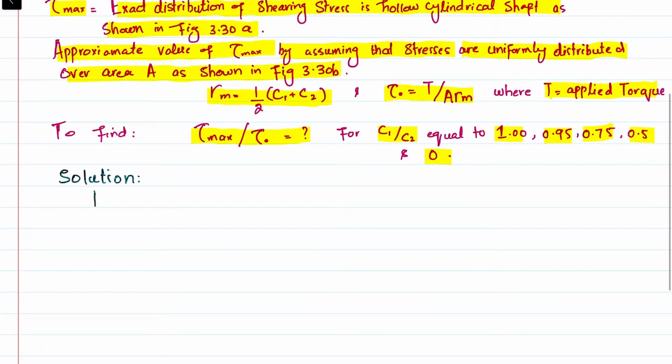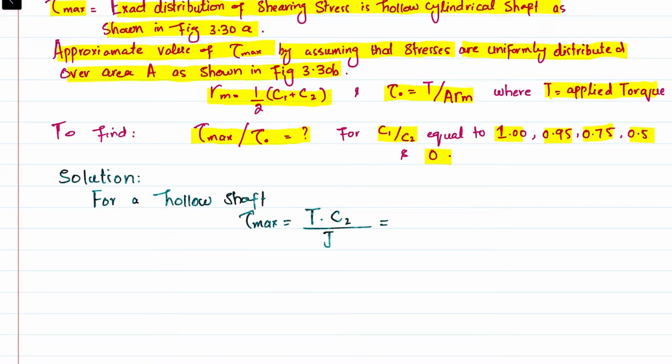First, the shaft shown above is a hollow shaft. For a hollow shaft we know that the maximum shearing stress is equal to T into C2, because C2 is the outer radius, divided by J, the polar moment of inertia. The polar moment of inertia for a hollow shaft is pi by 2 into C2 power 4 minus C1 power 4.